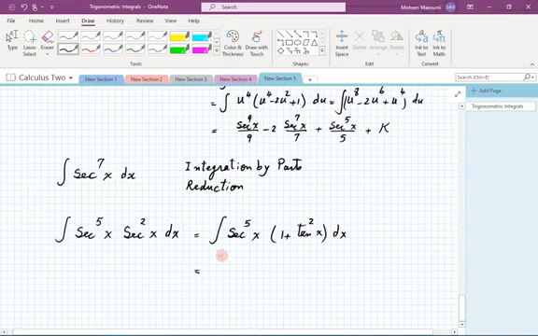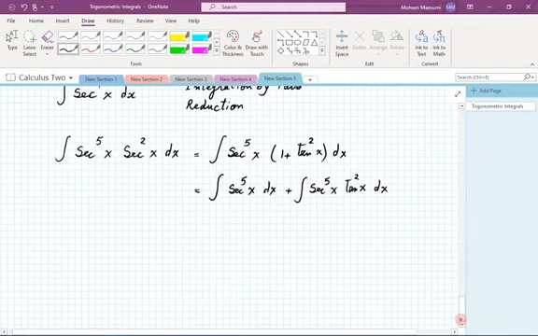Well, when you multiply this out, one of them is just secant to the power of 5 of x dx, and then the other one is secant to the power of 5 of x tan squared of x dx. Now we see the emergence of reduction. This is 7, this is 5, but of course we have a long way still to go.